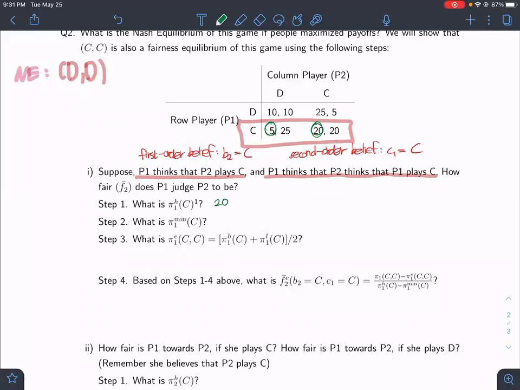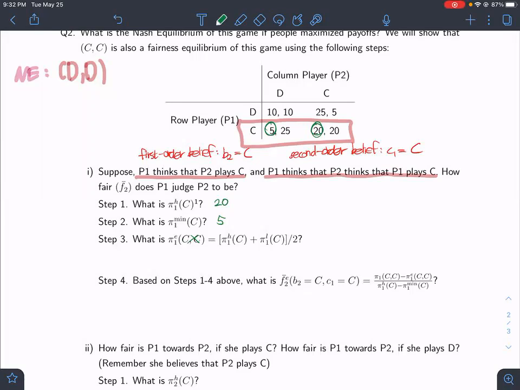Okay. Any questions? Pi 1 min is just the minimum payoff that I can get. So it is 5. And then pi 1 e is the equitable payoff. We need only one input for this function.